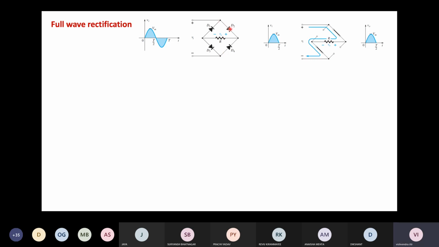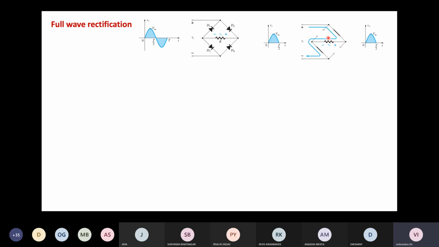Which means that diode D2 will be short circuit because it is forward biased. D1 is reverse biased because this is the N terminal of the diode and there is a positive voltage, so this will be open circuit. There is negative voltage here, so D3 will be short circuit and D4 will be open circuit because it is reverse biased.